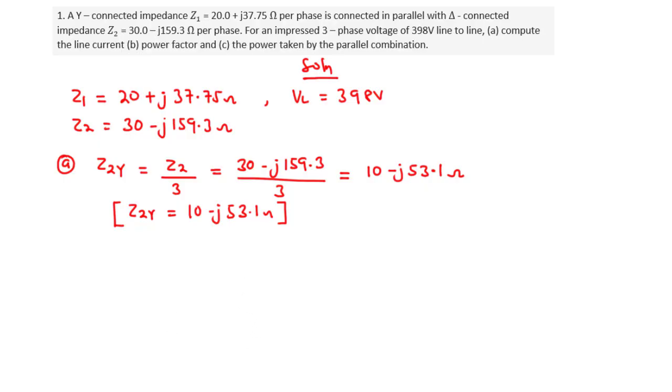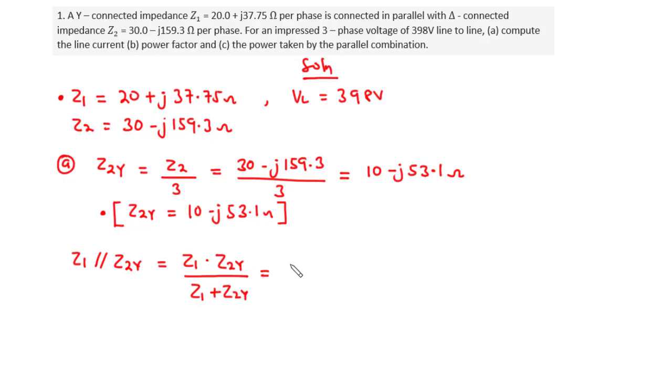Now the next thing we are going to do is to find the parallel combination of Z1 and Z2y, both star connected impedances. So let's find the parallel combination of the two. That gives us Z1 parallel Z2y, which is Z1 times Z2y divided by Z1 plus Z2y.